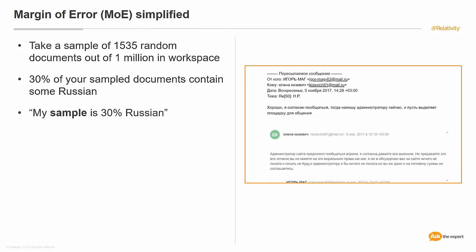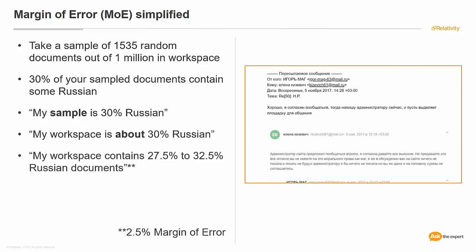So I can go to my boss and say, hey, my sample is 30% Russian. I could say that in Russian too. I could also say my workspace is about 30% Russian. It's 30%-ish Russian. Well, what does 30%-ish mean?